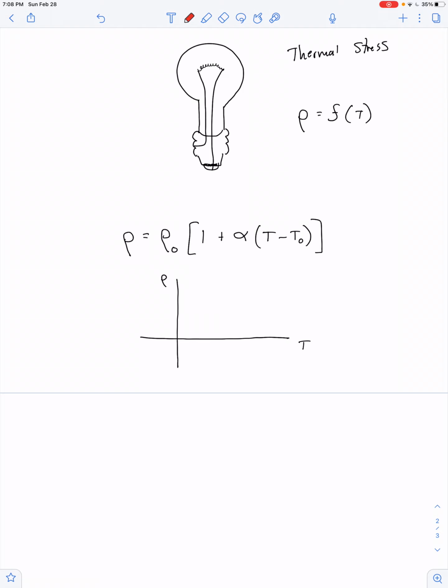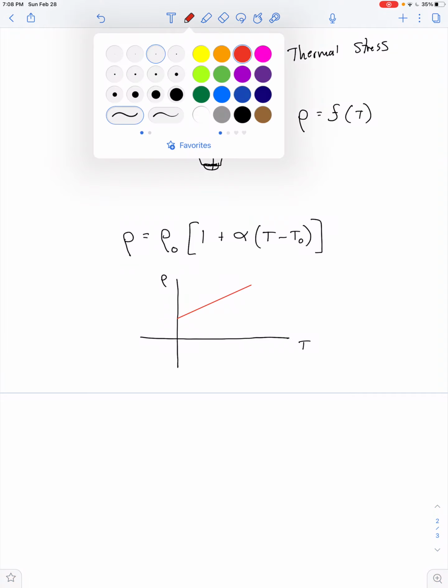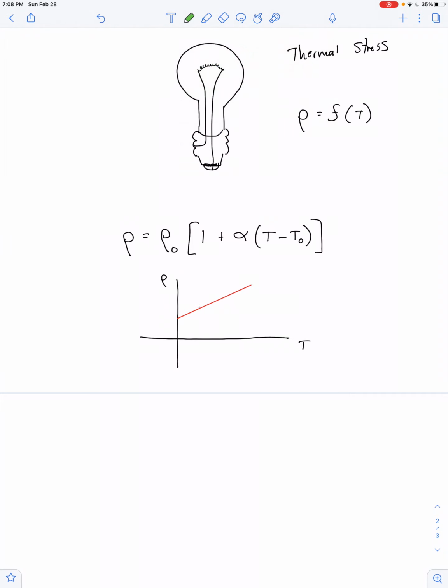Okay, so for a metal wire, the graph might look like this. So let's just pick some point, any point really, right here. We'll say that there's some reference value of resistivity at that reference temperature. If we pick a different data point, then that's a higher temperature T and a correspondingly higher resistivity rho.